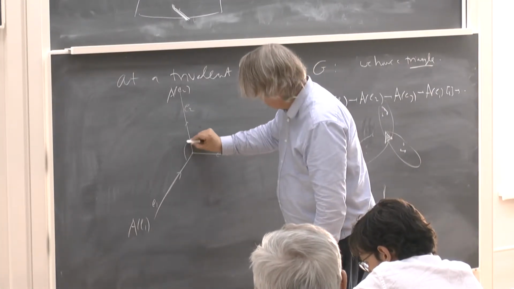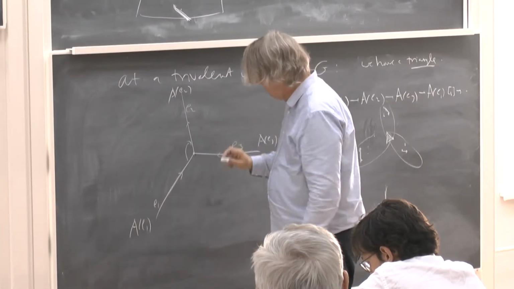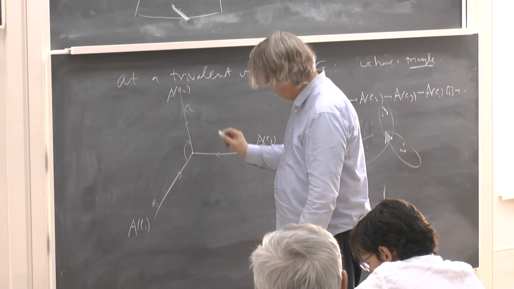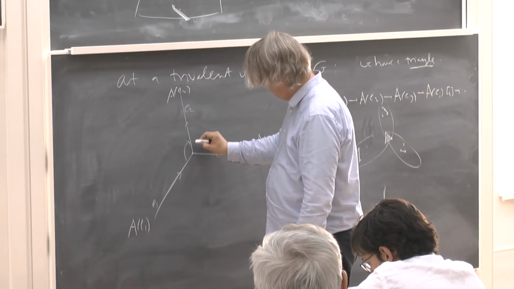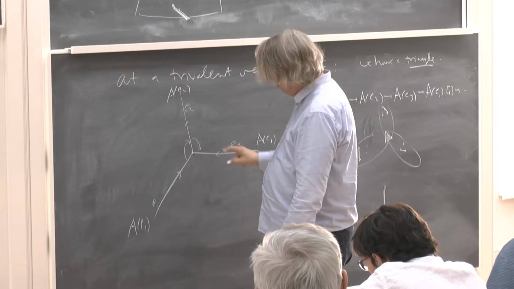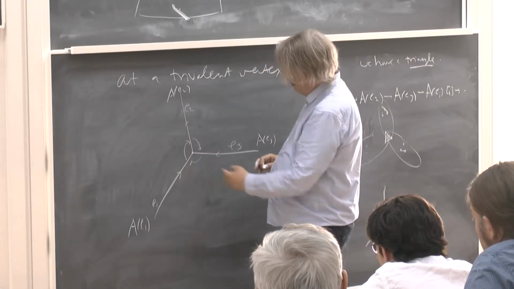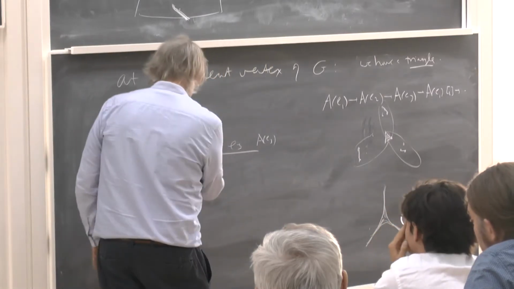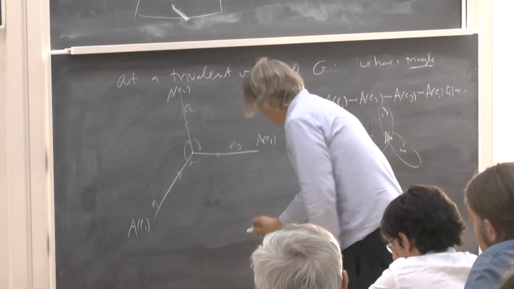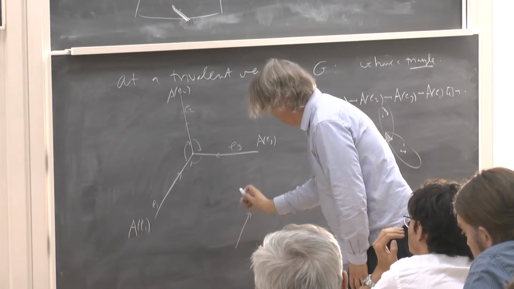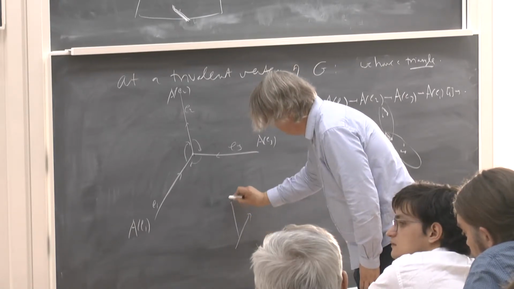You have to pick some directions for notation and so on. In this notation, the morphisms go in this direction. The way I like to think about this is that we just draw these vectors. This is the E1 vector. This is the E2 vector.